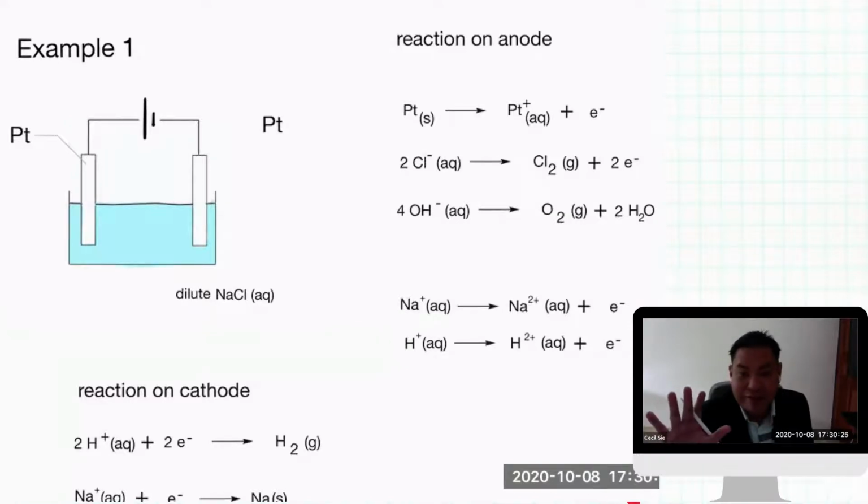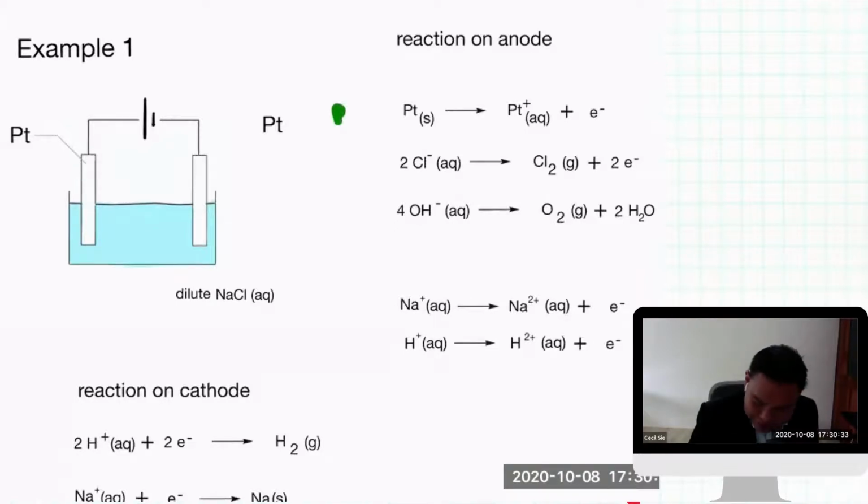You have 5 substances, 5 reactants. What are the 5 reactants? First one is platinum itself. 2 is Cl minus and Na plus.